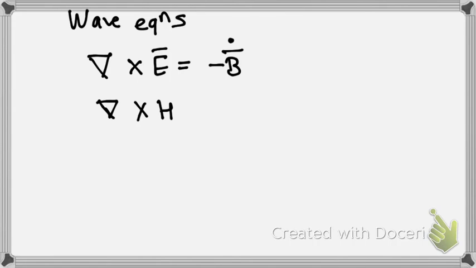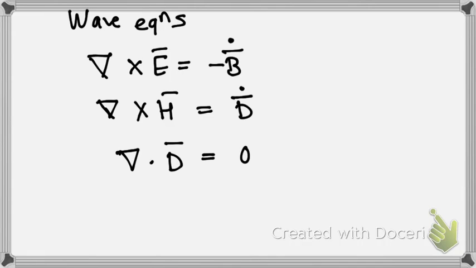Whatever we want, we will change, but we will start with time varying fields. So what are the equations of time varying fields? First equation is del cross E bar is equal to minus B bar dot. Del cross H bar is equal to D bar dot, and del dot D bar is equal to 0.